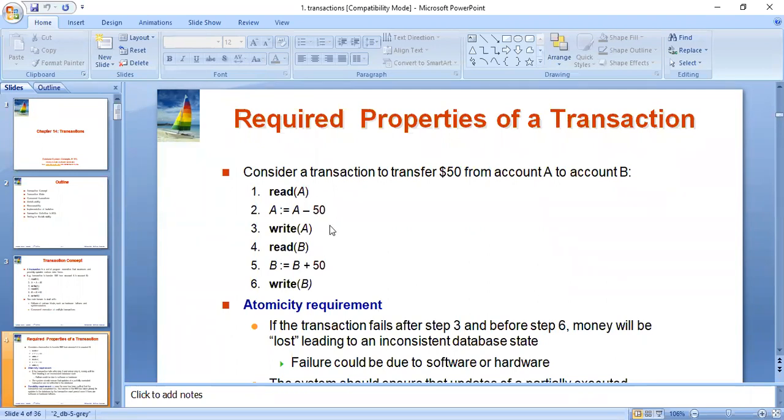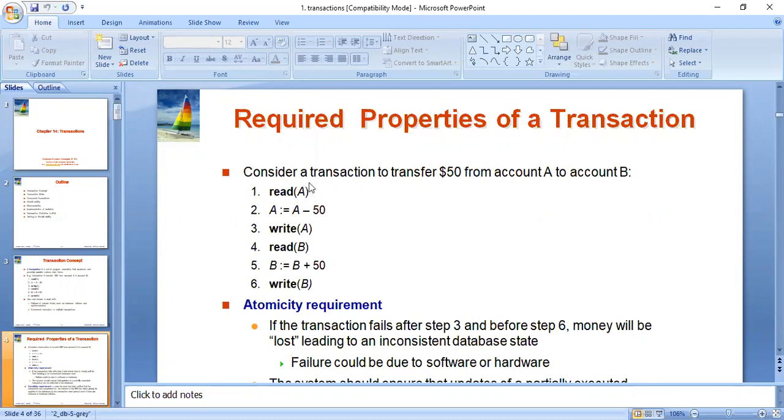As I said earlier, for example, here, read A, A is equal to A minus 50, write A. This means I am opening account A, subtracting rupees 50 from this account A, and saving account A. Then assume power has gone. Then the total instructions should not be executed.